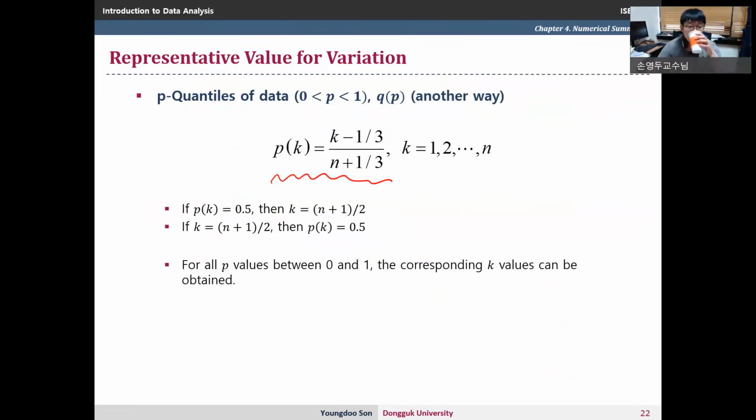Pk is (k minus 1/3) over (n plus 1/3). Here k is actually the index of the data point. So for example, n is the number of data points here.